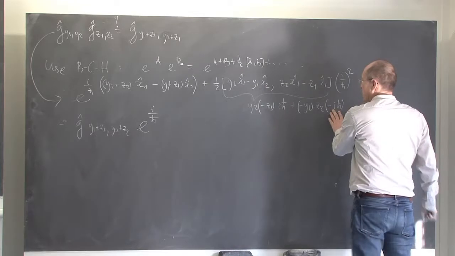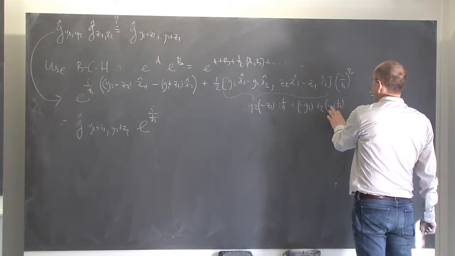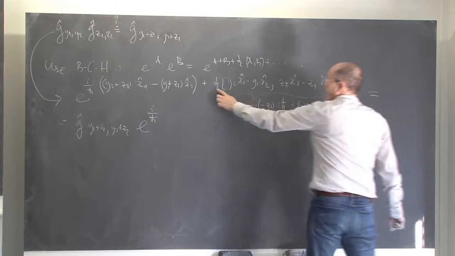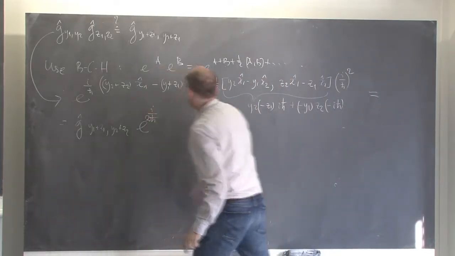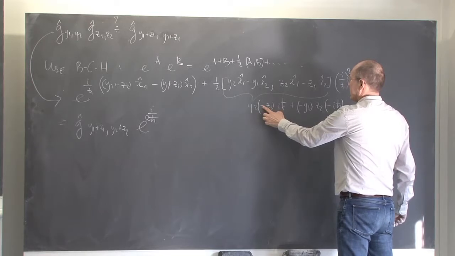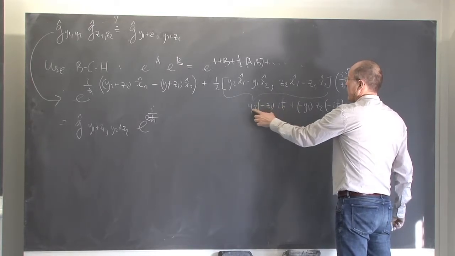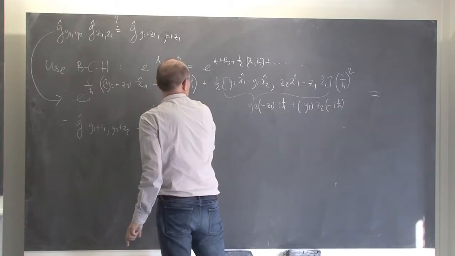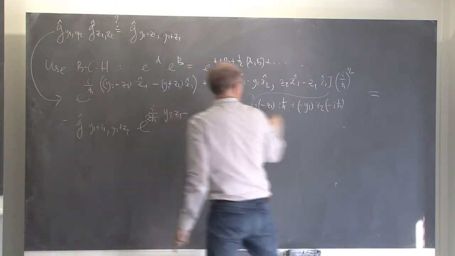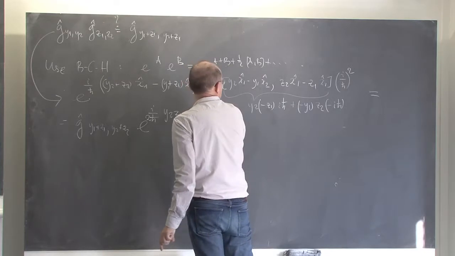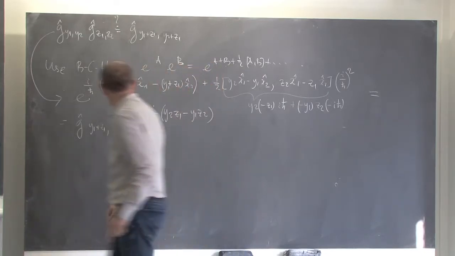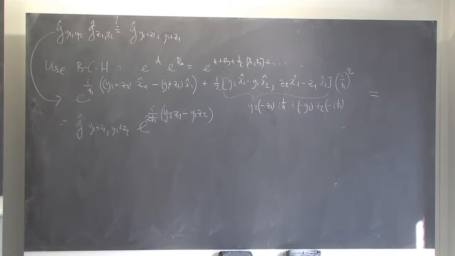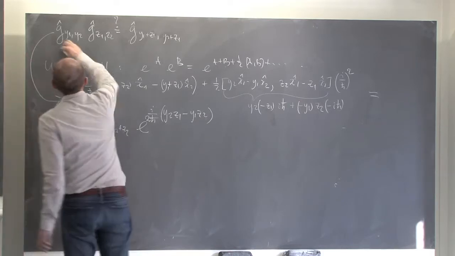And now we write just the coefficient of minus i h bar in here with 1/2. So 1/2 we can put here. And now minus i h bar, so y2 z1 minus y1 z2. I thought that I had a different sign. Yeah, it's okay. So that's the formula.